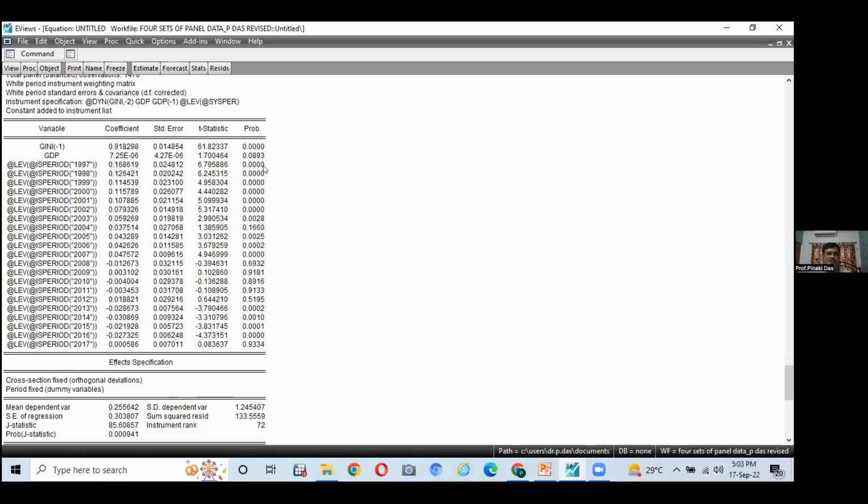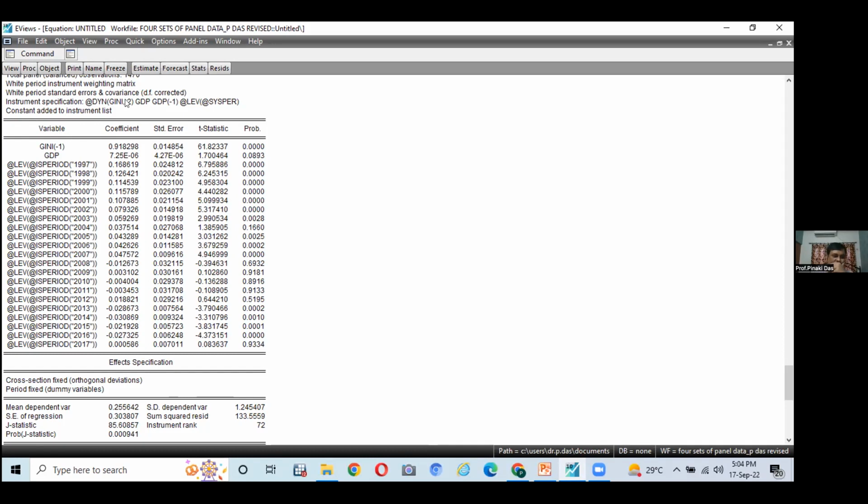But the probability of GDP is 0.089, which is higher than 5%. It is 8.9%. Therefore, GDP is statistically insignificant. Some of the time dummies are statistically significant, some are insignificant. In the model, you can consider other independent variables if you want to incorporate them.